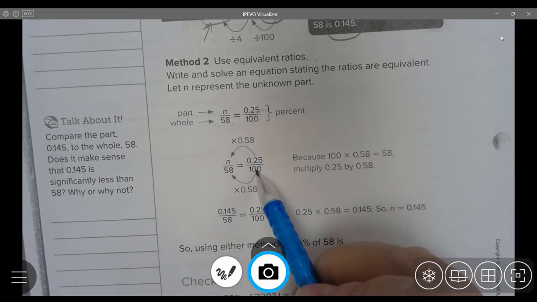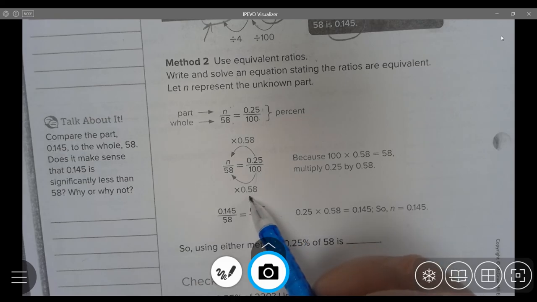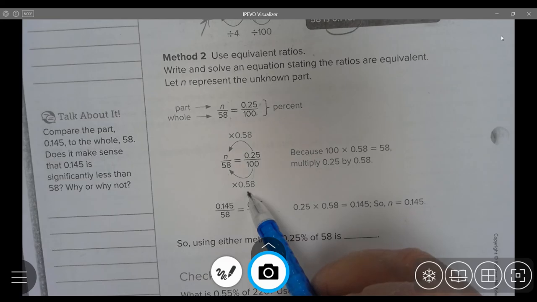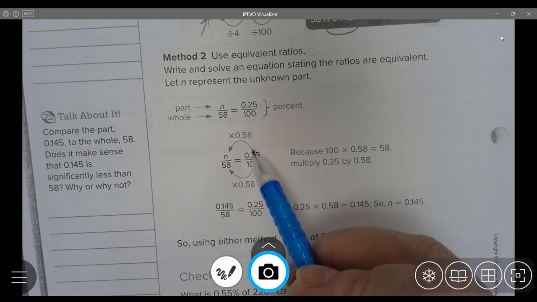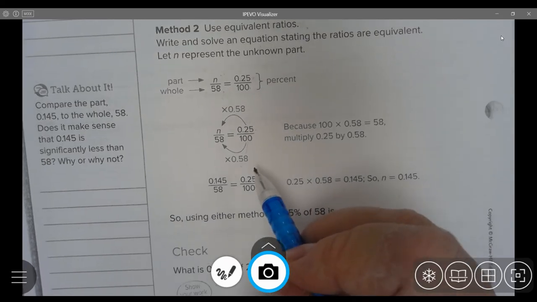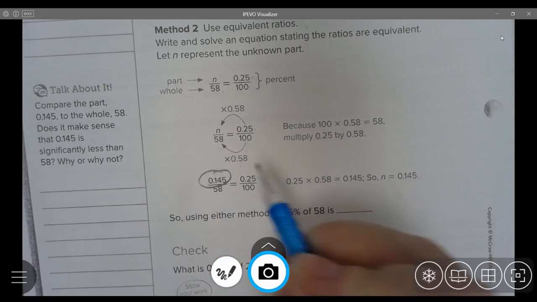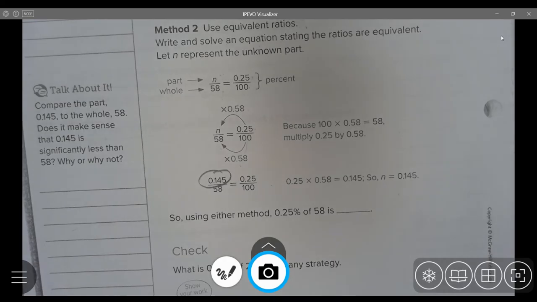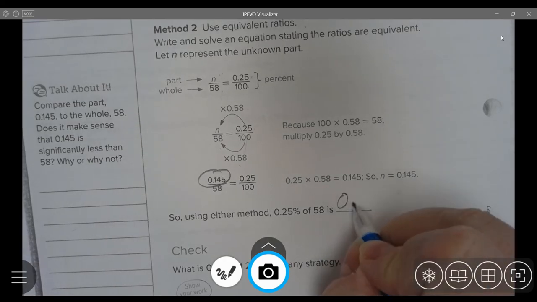So we would multiply 100 by 58 hundredths. To get 58, we would need to multiply 25 hundredths by 58 hundredths. And when we do that, we come up with 145 thousandths as an answer.